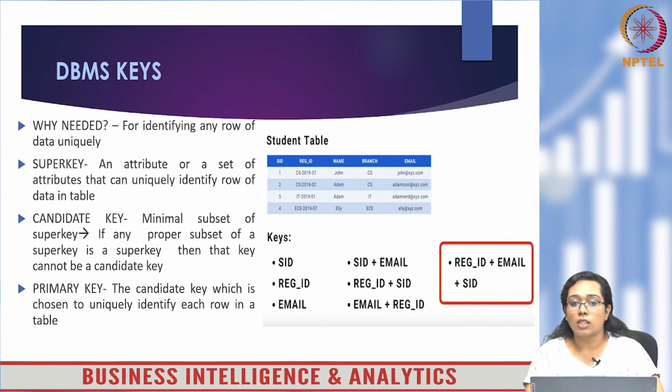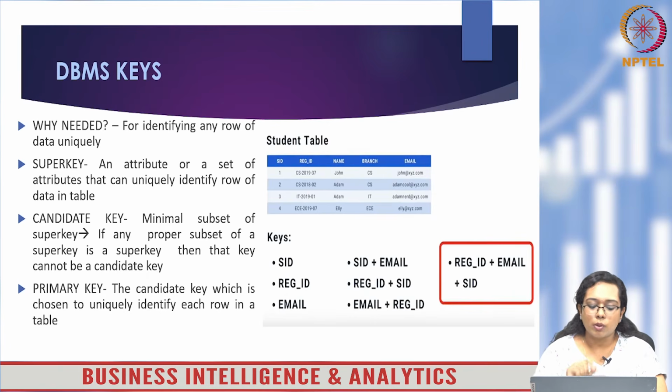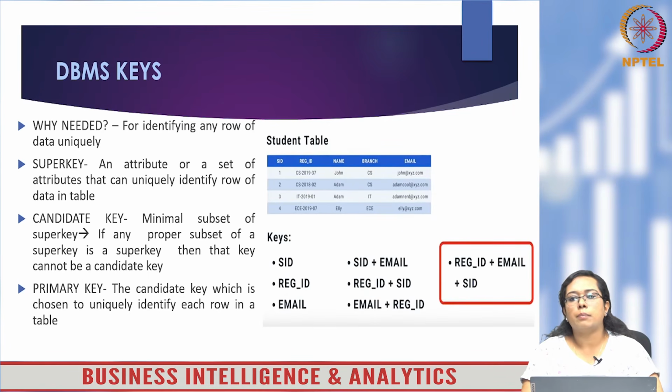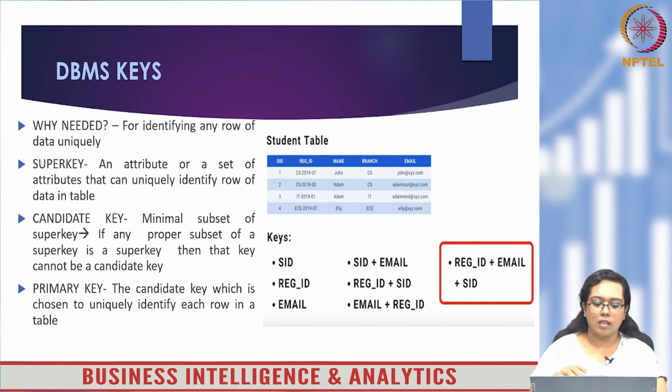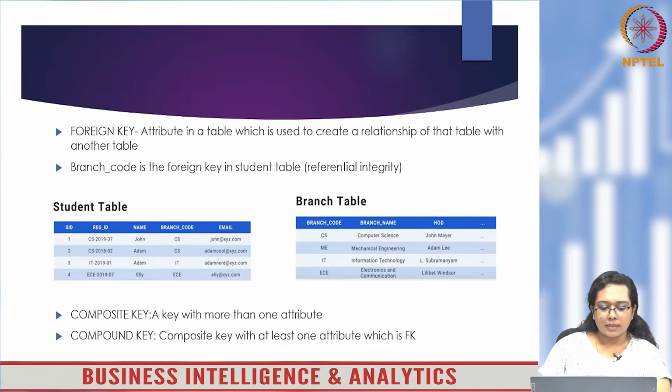That is what is known as the primary key. So the key that you choose to uniquely identify each row in a table is known as the primary key. For example, I can choose student ID, that is the most logical option here, right? It is unique for each student, so it can identify all the rows uniquely. So those are the keys.